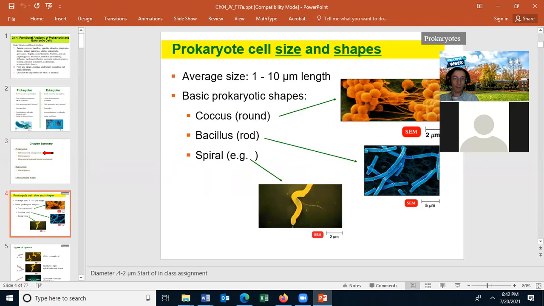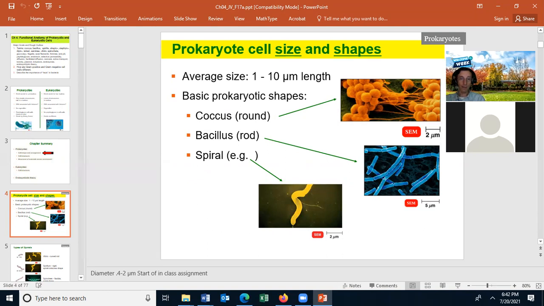When we talk about prokaryotic cell size, you should realize that their average size is fairly small. Most of them range from about 1 micrometer to 3 micrometers, but the larger ones can get up to 10 micrometers in length. They have various shapes and sizes.